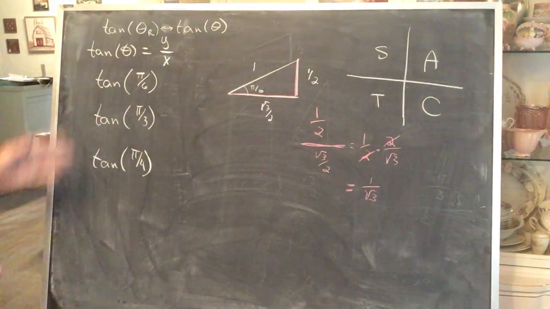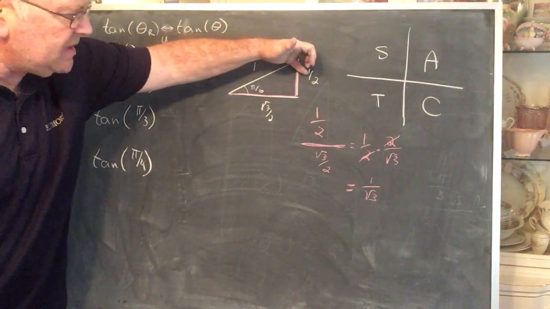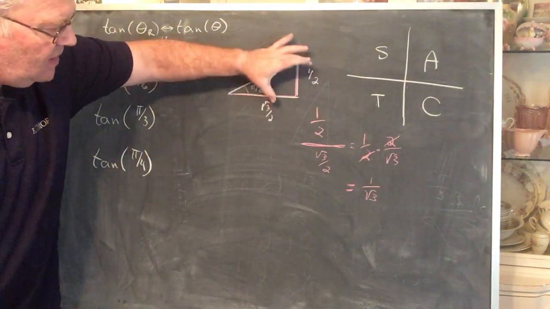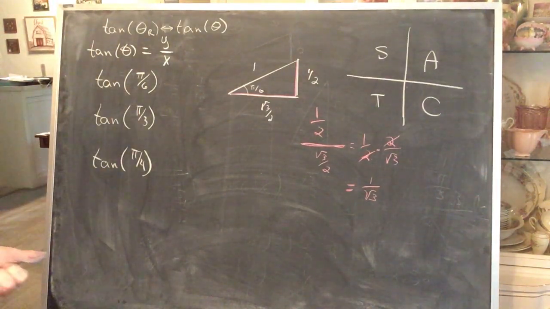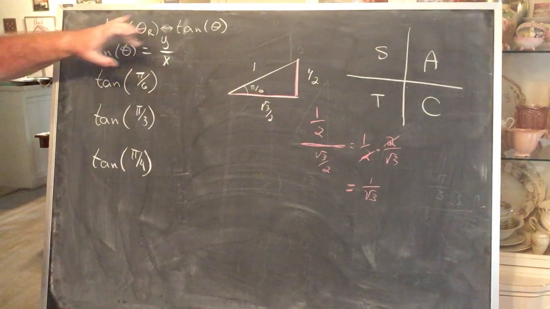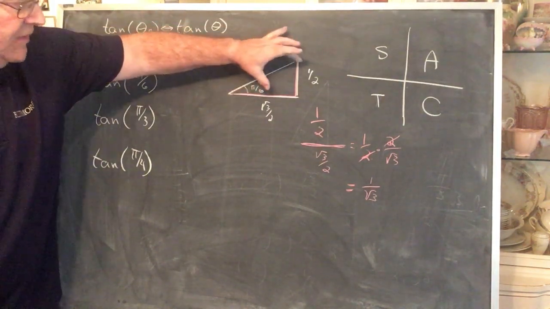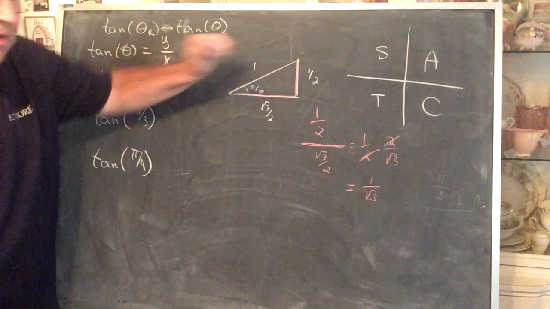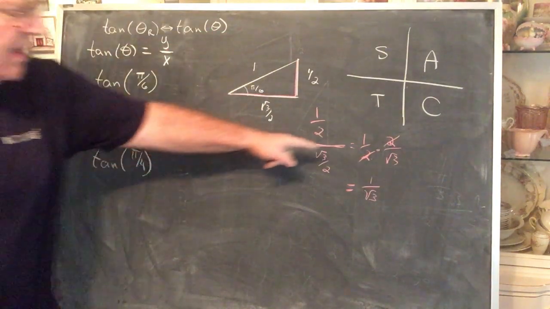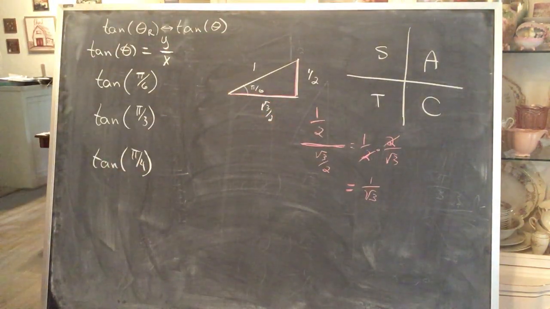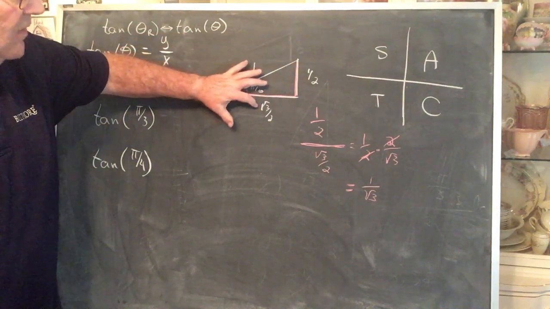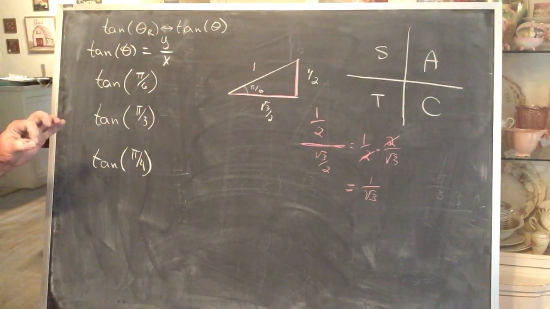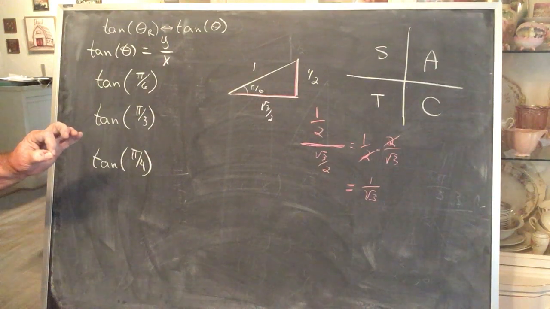And so when you're thinking of tangent, what you can think of is opposite over adjacent, and you may ignore these denominators because the denominators are going to cancel anyway. Tangent is vertical divided by horizontal, in this case 1/2 divided by radical 3 over 2, but you may ignore the denominators. We know the denominators are going to cancel when we form the complex fraction. So the short version is this: tangent is the vertical divided by the horizontal, but all you need are the numerators.